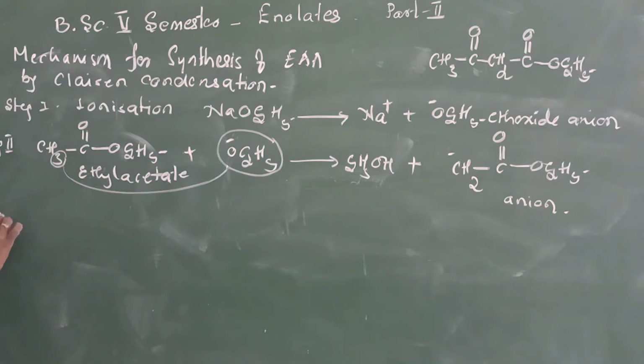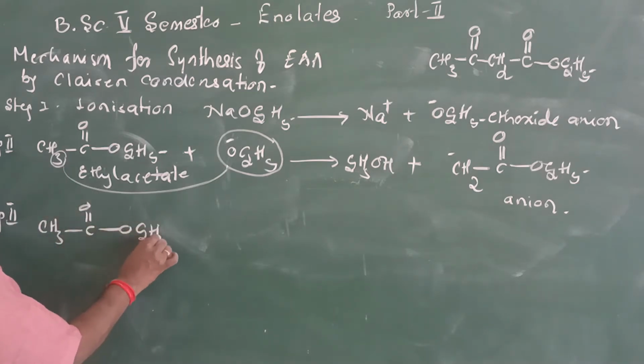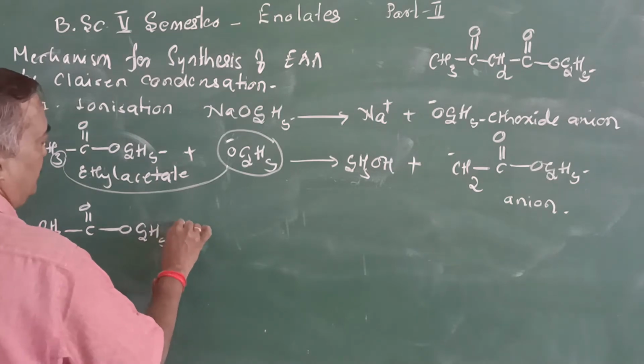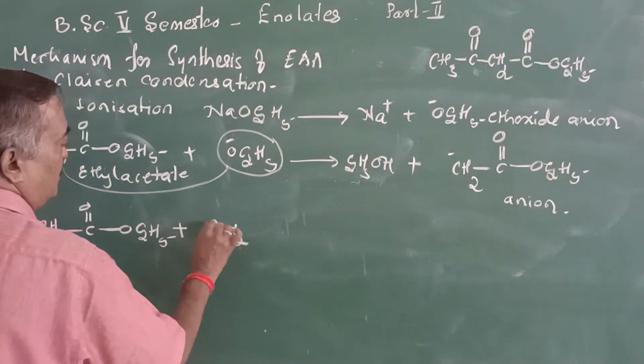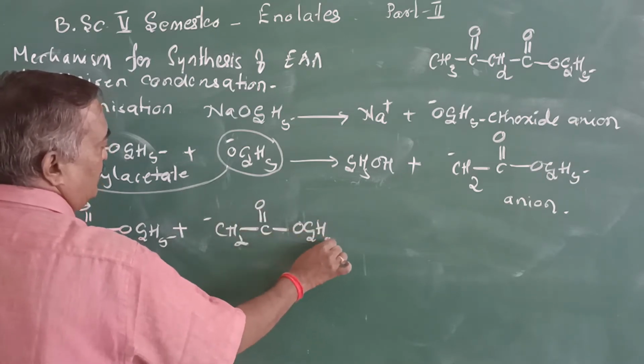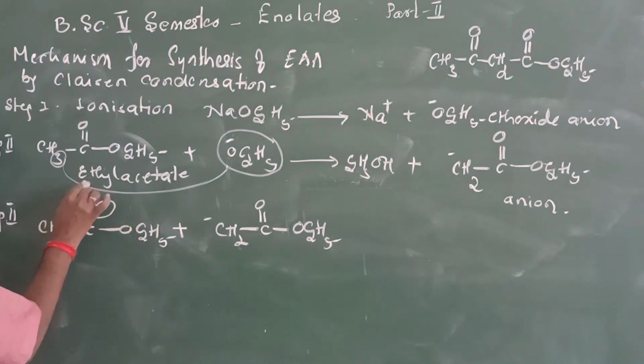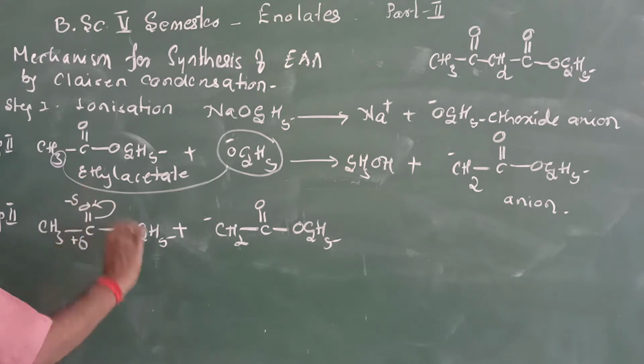In the next step, this anion CH2-COOC2H5 will come in contact with another molecule of CH3COOC2H5, the second molecule of ethyl acetate. Here, oxygen is more electronegative, so it possesses delta minus, and carbon is delta plus.